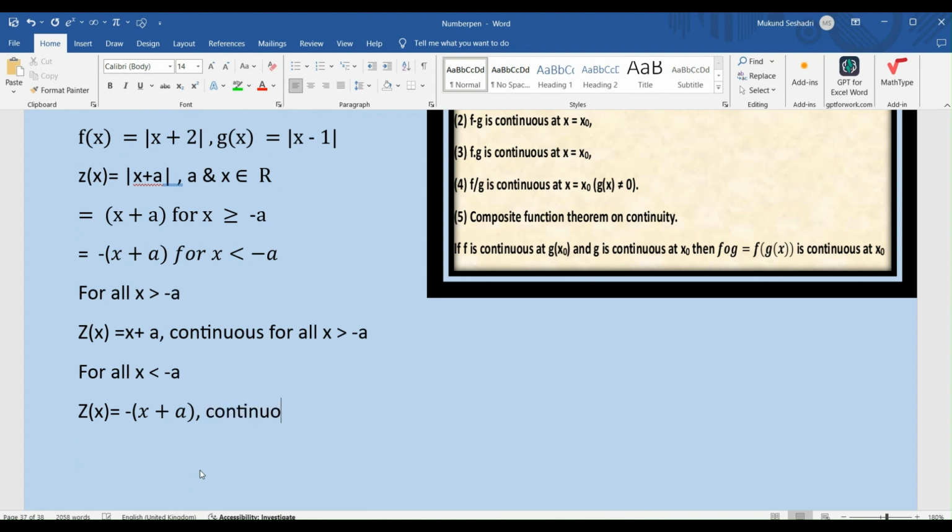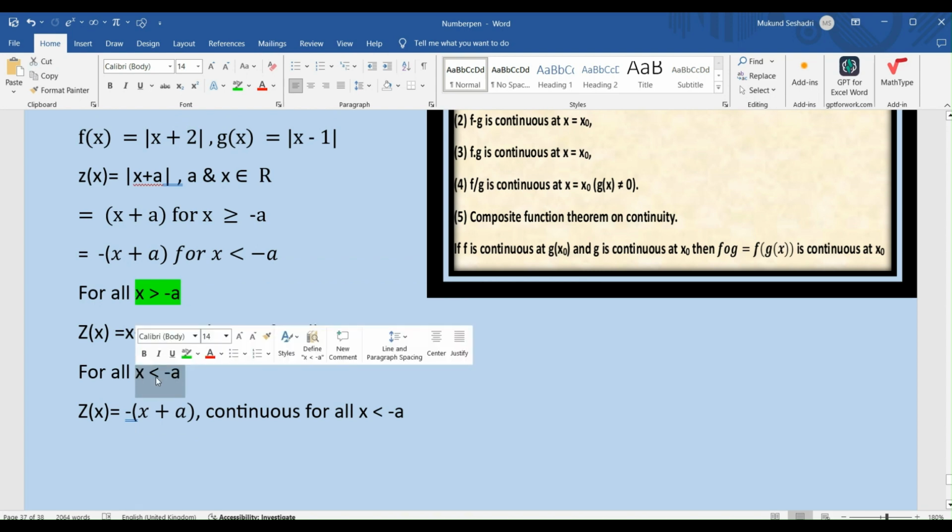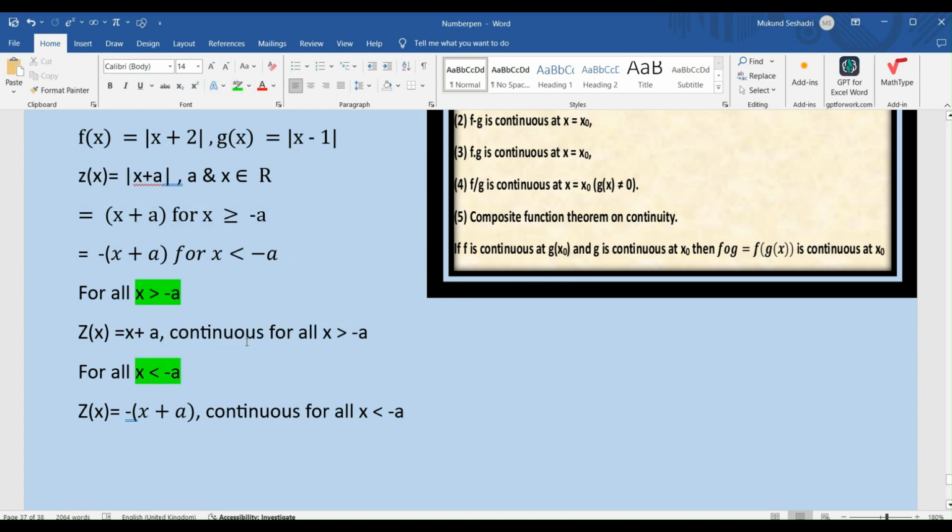Again, we know that it is continuous for all x lesser than minus a, right? So for all x greater than minus a, let me highlight it in green, we know that the mod function is a continuous function. For all x lesser than minus a, we know that the mod function is a continuous function, right? Because it takes minus of x plus a, which is a linear function.